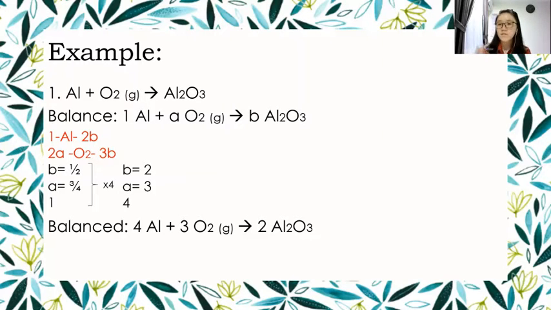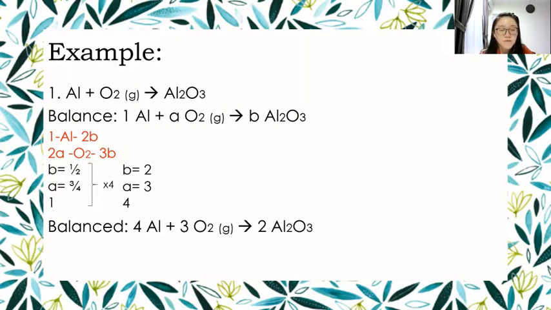The coefficient in front of aluminium is still 1, but we need to balance it because there is no fraction coefficient in front of a substance. It cannot happen. So we must balance it by multiplying, so that it can be balanced, we must times it by the number 4.